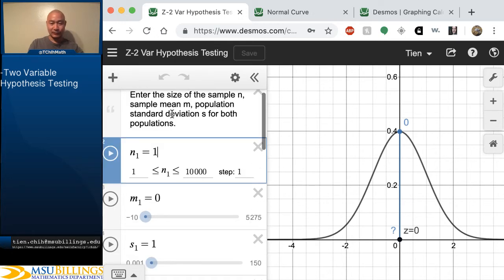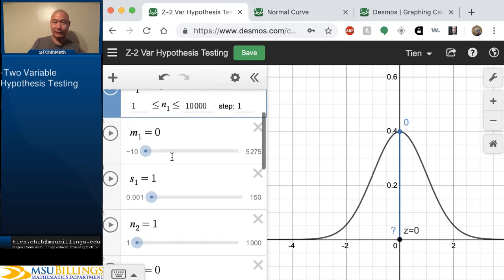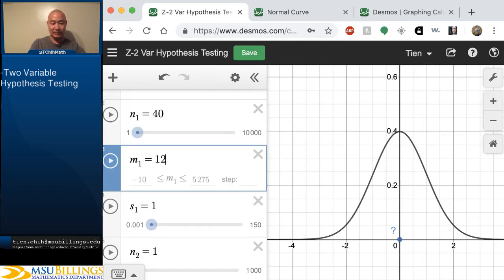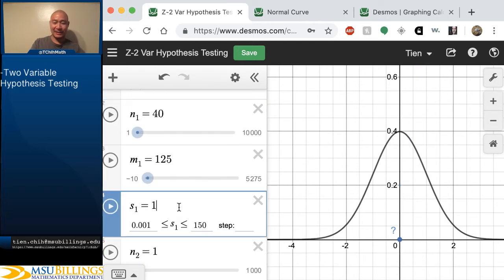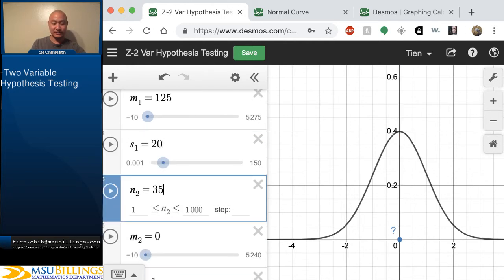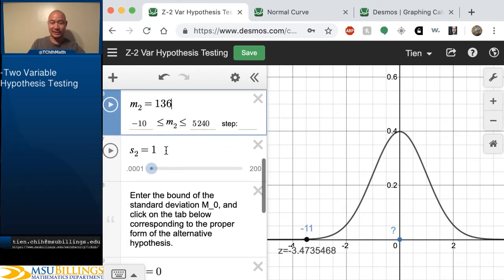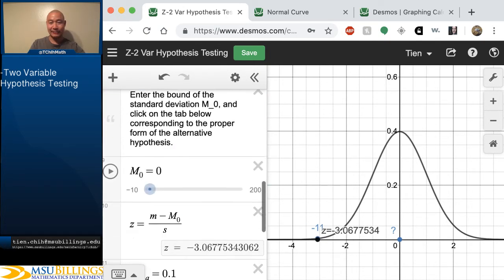What we would do, of course, is enter in our parameters. For the purple microelephants, there are 40 of them. They weighed 125 pounds on average, with a standard deviation of 20 pounds. The 30 blue microelephants had an average weight of 136, standard deviation 10 pounds.